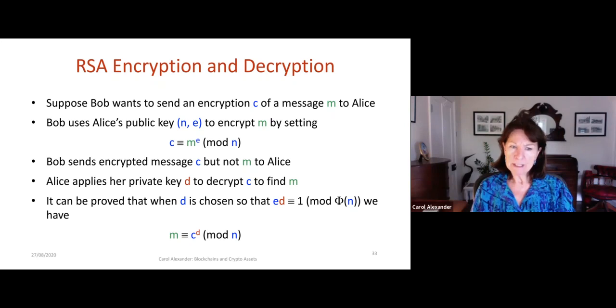So Bob sends an encrypted message C, but not M, to Alice, okay? Alice applies her private key D to decrypt C to find M. So it can be proved that when D is chosen in this way, as we did before, then we can decrypt, because M is going to be congruent to C to the power D mod N.